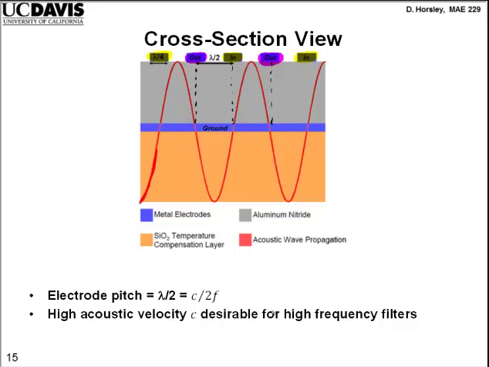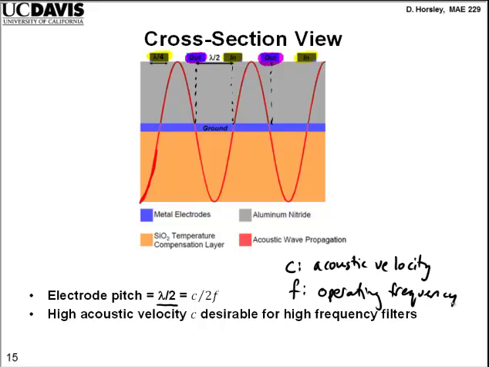So the electrode pitch is set at lambda by 2, like it says down here, and that's equal to C over F, where C is the acoustic velocity in the material, and F is the operating frequency.